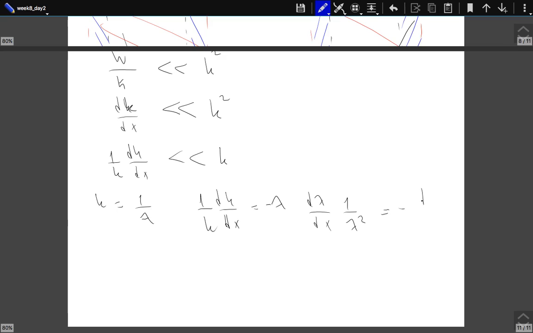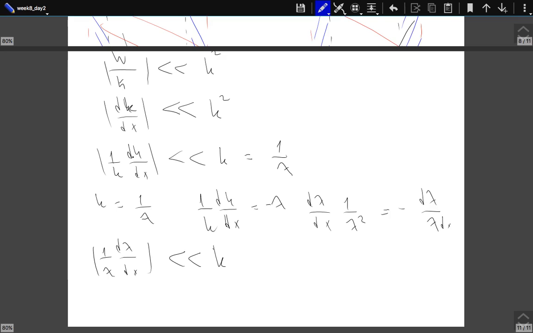So this is minus d lambda by lambda. Now let me put the absolute values here. So d lambda by dx times 1 over lambda should be less than k. Now you can just play with it whichever way you like. Probably this will be much better, 1 over lambda.